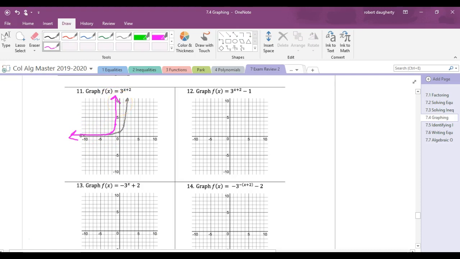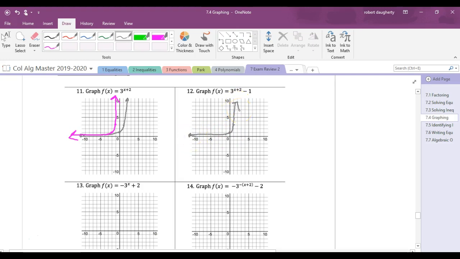3 to the x plus 2 minus 1. Okay, that's the same graph that I had in purple, but it's moved down 1. So if you want to, I can say, okay, 3 to the x, I know what it looks like. Okay, that's what 3 to the x looks like.